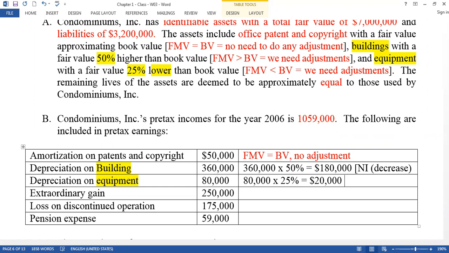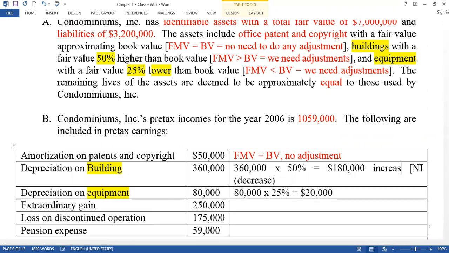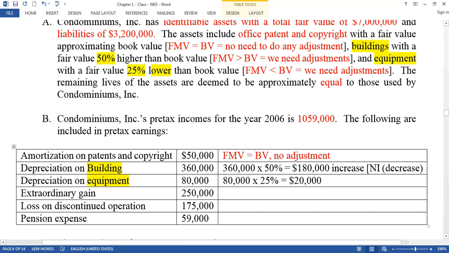So if your depreciation expense decreases, this is increase, and this is decrease.